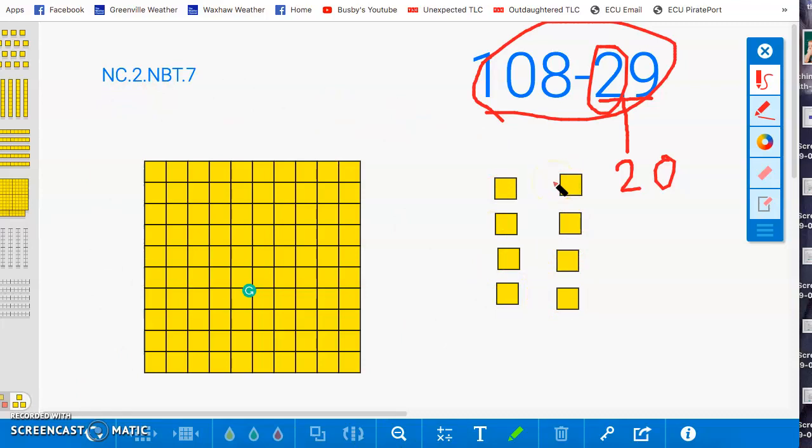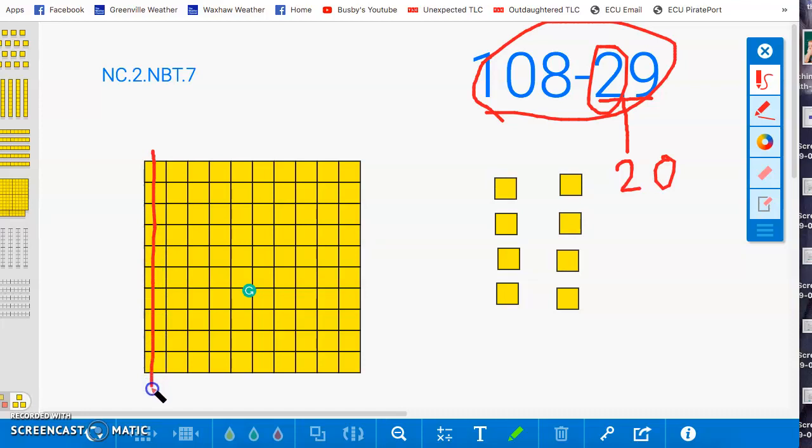And we're going to use the counting back strategy today to solve this 2nd grade strategy, because we're going to take away 29 from 108. So we're going to take away 20 from our problem.